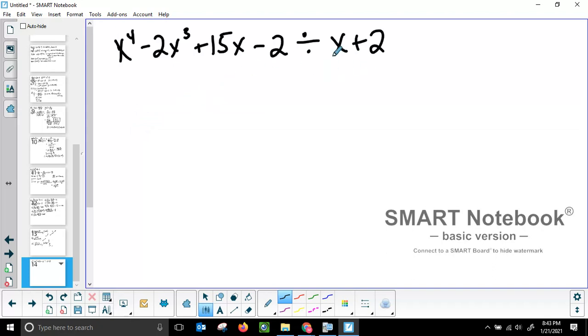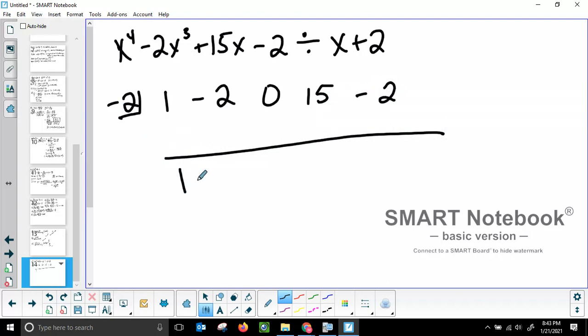Synthetic division is much easier, and we can use synthetic division because the divisor is of the form x minus c. Right, so in my box, I put the 0 of this, which would be negative 2. My coefficients going across are 1, negative 2. I am missing a squared term. We do have to put the 0 in for that. Right, that's very important.